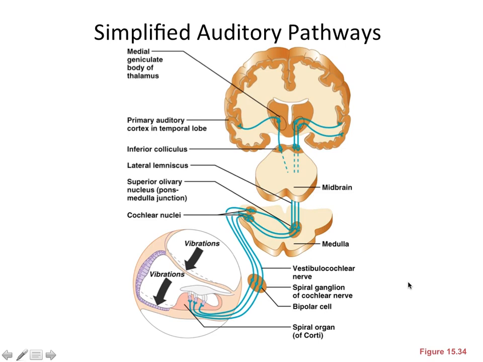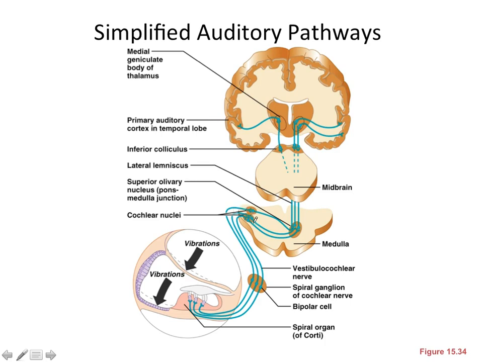Once the hearing action potential is generated, it will travel through the auditory nerve to the spiral ganglion, and then the spiral ganglion sends the action potential to form the vestibulocochlear nerve, to reach the medulla.